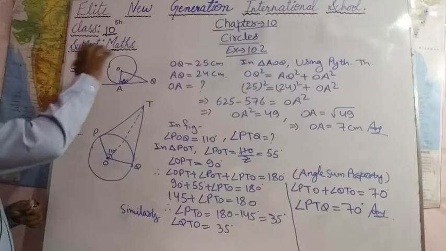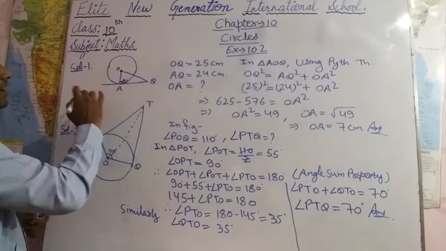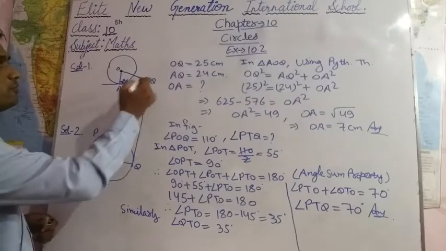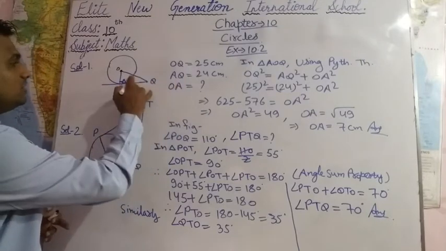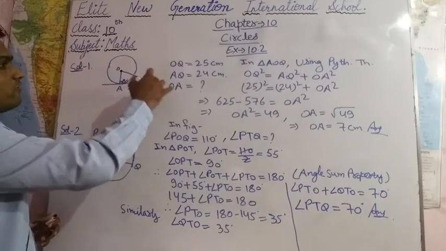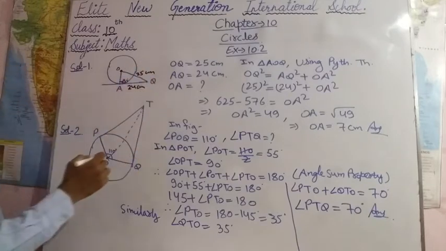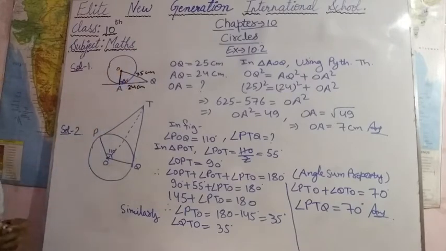In this diagram we have a circle with center O, and suppose AQ is the tangent from point Q. The length of the tangent is 24 centimeter and the distance OQ is 25 centimeter. We have to find the radius, that is, the length of OA.